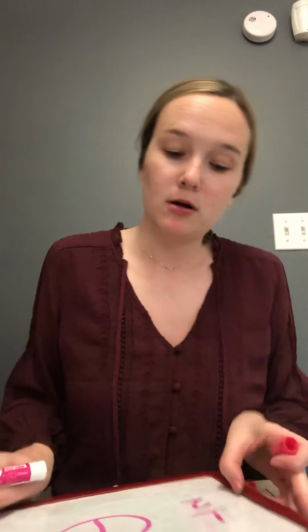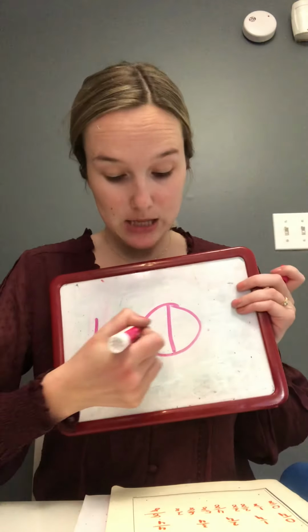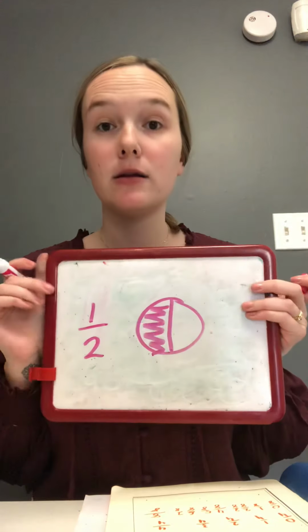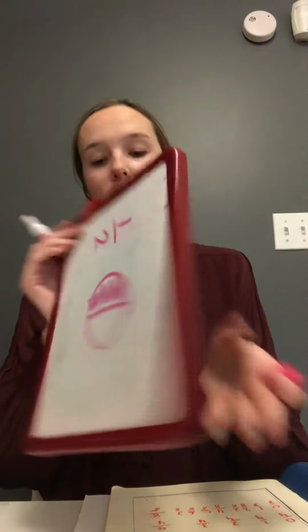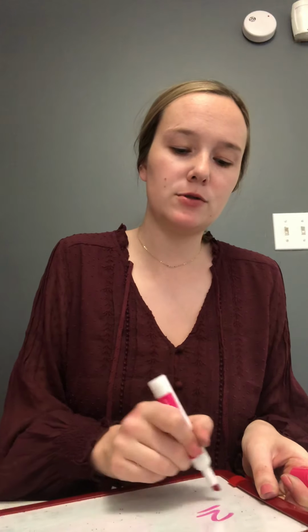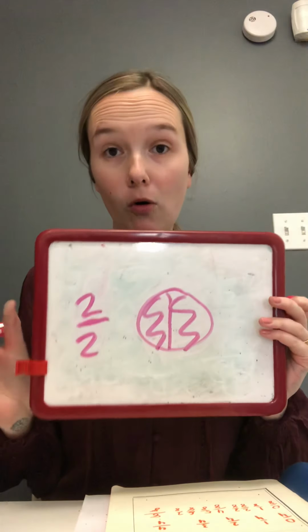And then I'm going to do 1 out of 2, so half. So that means that 1 is shaded. Okay? And now I'm going to do 2 out of 2. So if I do 2 out of 2, that means that both sides are shaded, making this a whole.